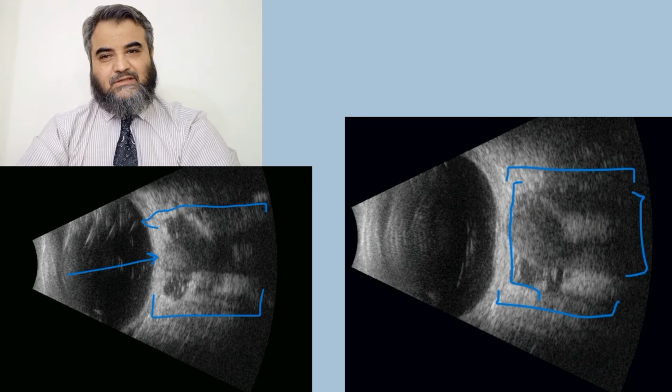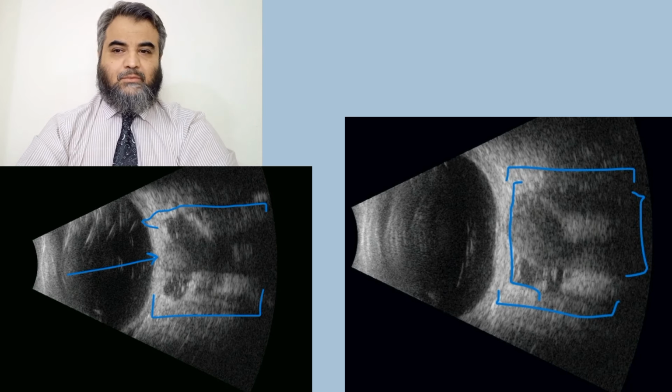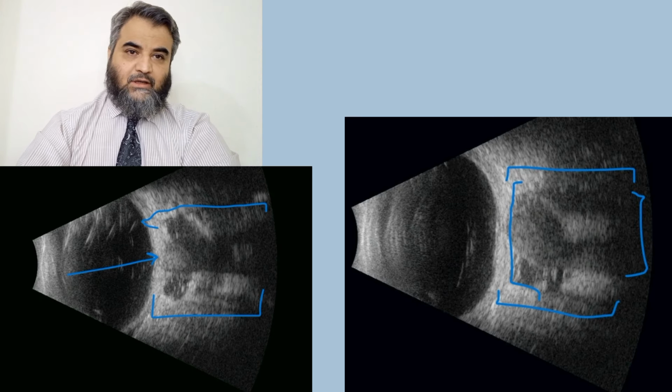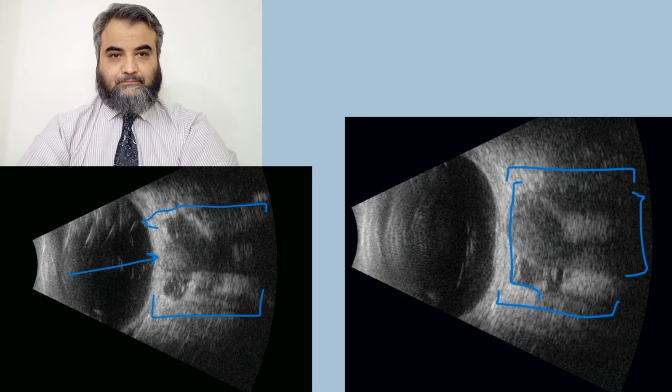But here you can see that so much fluid has accumulated, shown in the blue boxes. UBM cuts show where the thinning measurement was done.